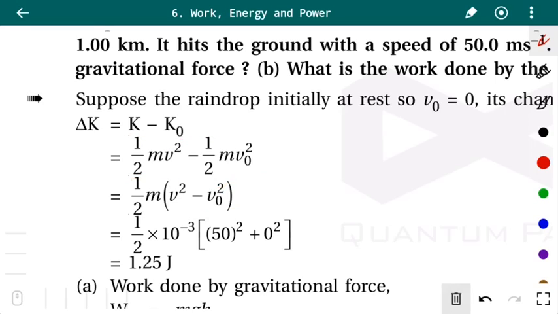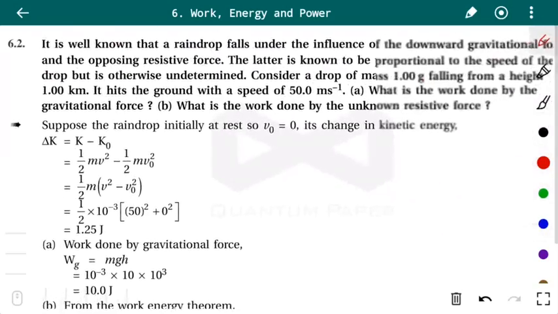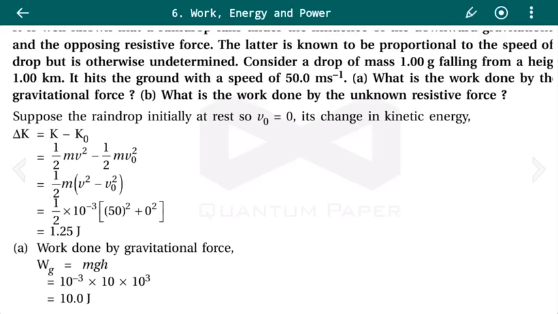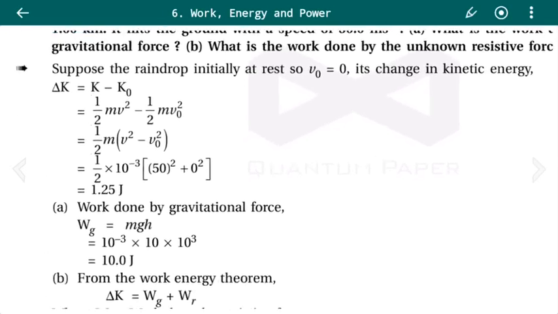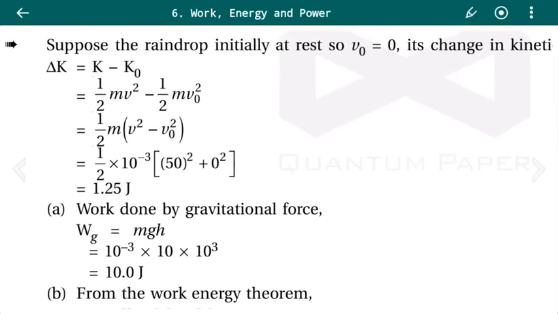So now putting the values of m, v and v0. Here we have taken the initial velocity as 0 because we are considering that it is at rest, and it is given that the speed of the raindrop is 50 meter per second. Its mass is given as 1 gram, so you can convert it into kilogram, that is 10 raised to minus 3 kg.